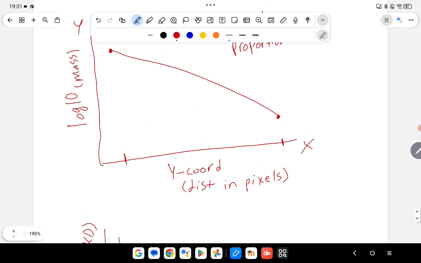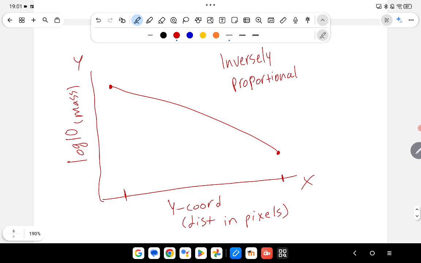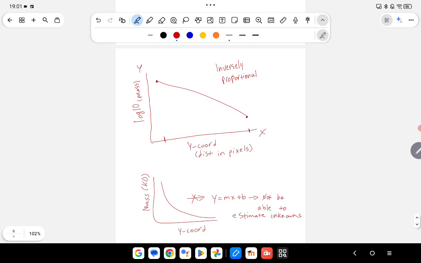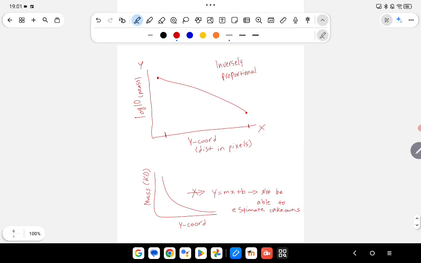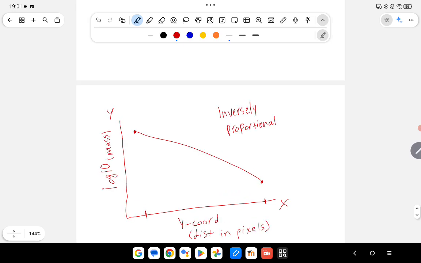So we had to convert it to log 10, and then we converted it back to mass with the inverse log. So this is why we took the log 10 mass and not just the regular mass. And the relationship between log 10 mass and the y coordinate is inversely proportional.